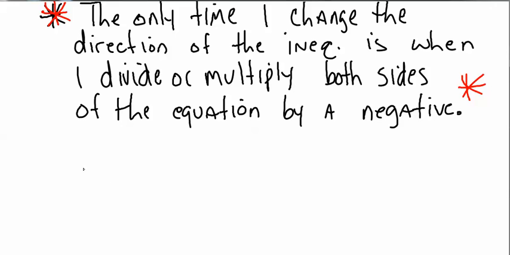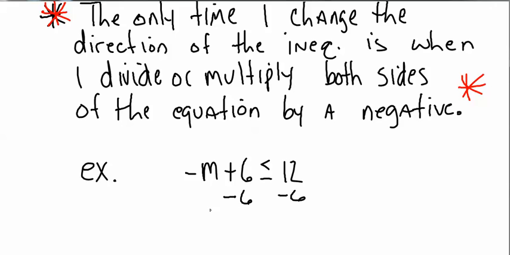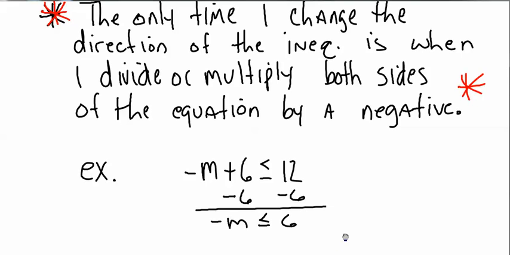Alright, an example of that would be an equation like negative m plus 6 is less than or equal to 12. Right here, you would subtract 6 from both sides, wouldn't you? And you'd be left with negative m is less than or equal to 6. And you're not done, are you?